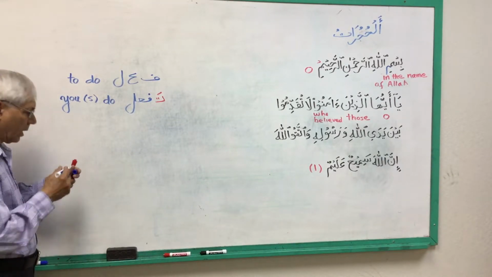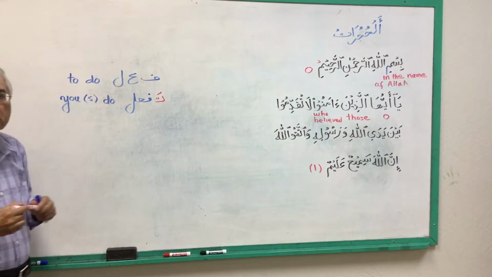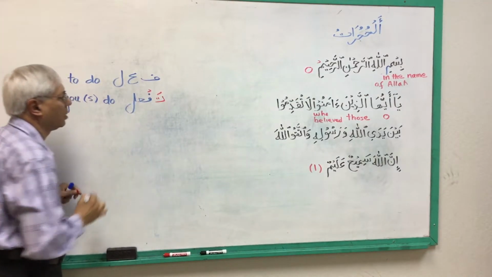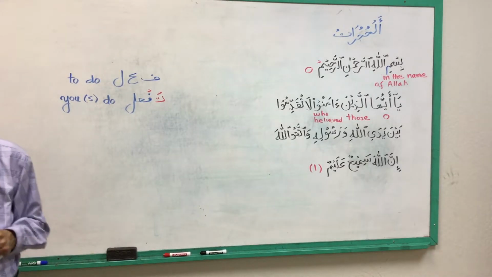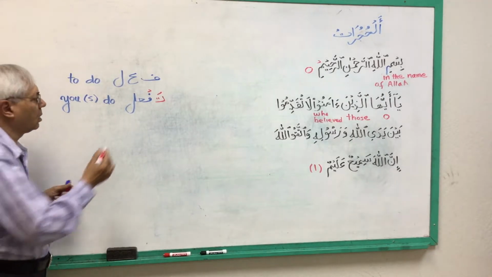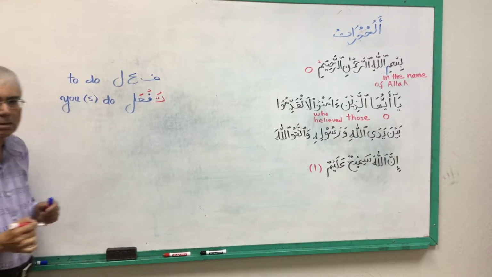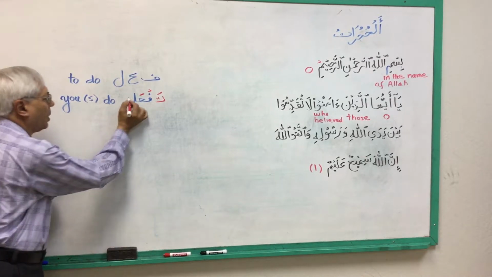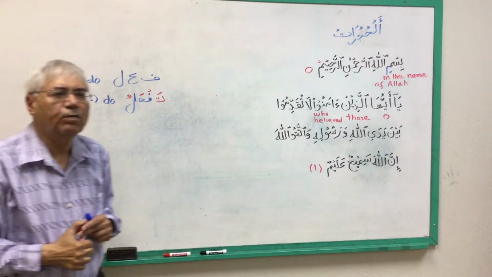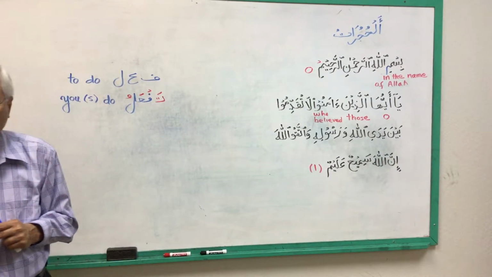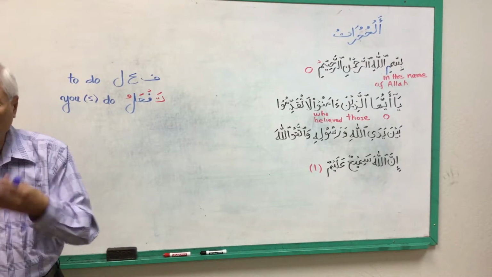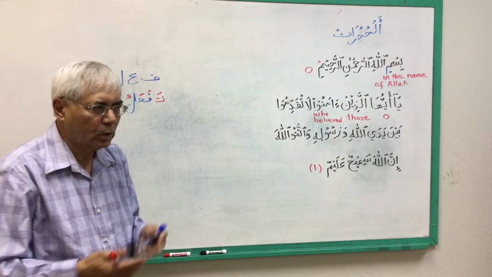And what we also do for the purpose of pronunciation, on the first letter we put a jazm. So the sound becomes taf. Then we put a fatha on ayn, the middle letter, and a dhamma on the last letter. Taf'alu. Taf'alu. Okay, that is the meaning of you, as one person, do.